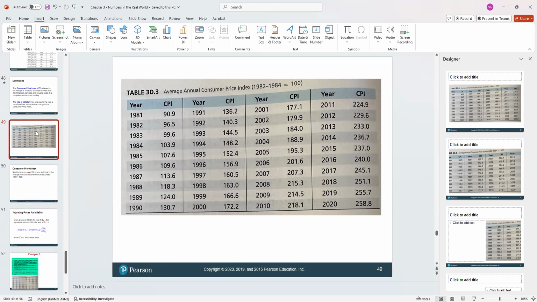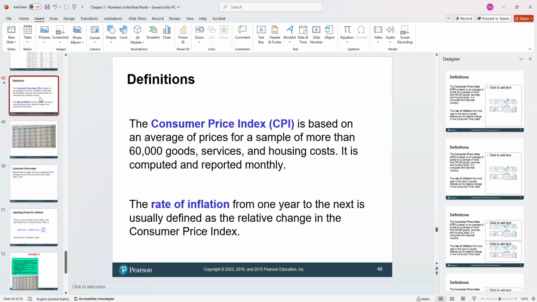Note that the reference value used for CPI is an average of prices during the period of 1982 to 1984, which is why the table says it that way. The consumer price index is based on average prices for a sample of more than 60,000 goods, services, and housing.